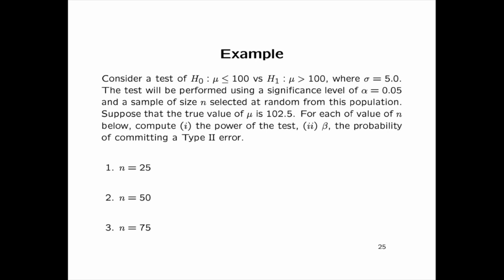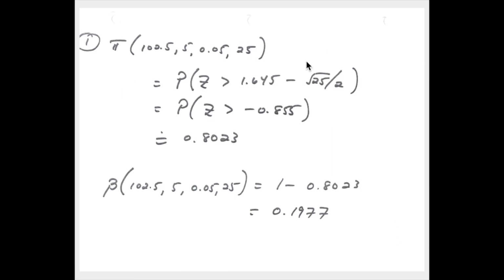Now, suppose that the true value of the population mean mu is equal to 102.5. For each value of n below, compute both the power of a test as well as beta, the probability of committing a type 2 error. So let's look at this first scenario where the sample size is 25. How much power do we have if the sample size is 25?